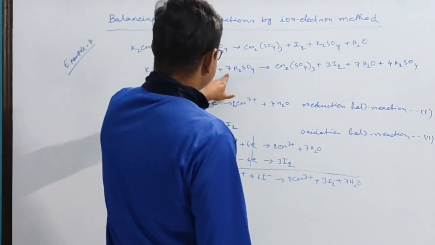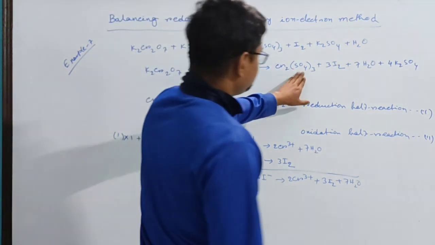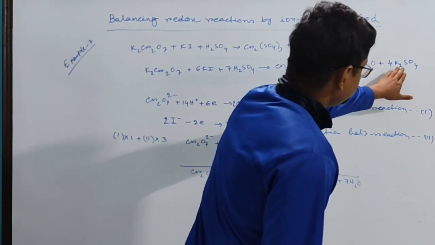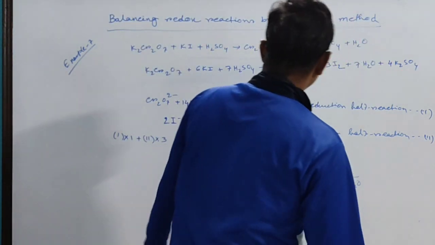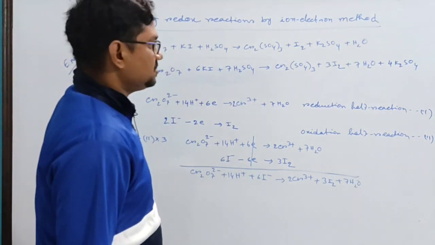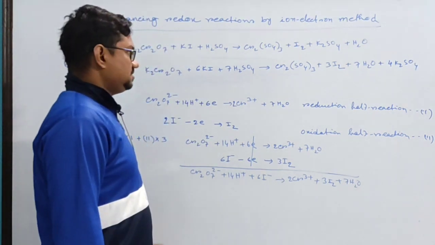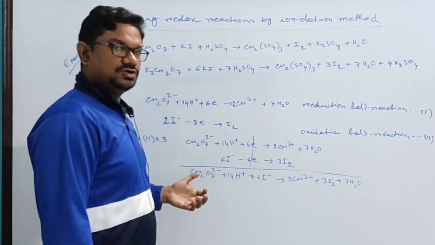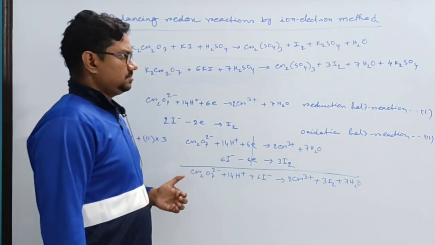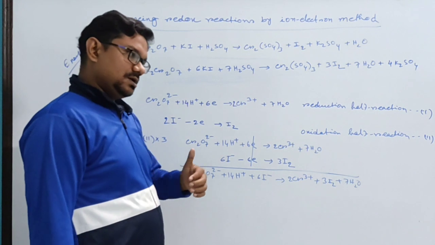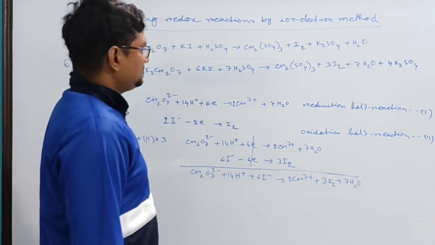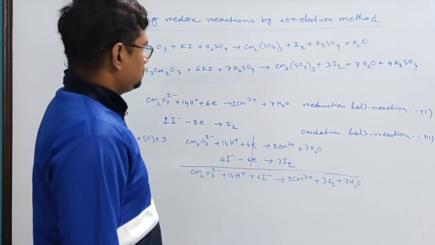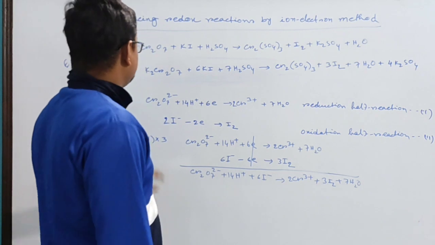Now check, 7 sulfate on the left and here 3, and from 4 K2SO4 we are getting 4 sulfate, so sulfate ions are also balanced. This type of balancing, meaning addition of the salt K2SO4, I have shown in my earlier example as well, so you can check that video.